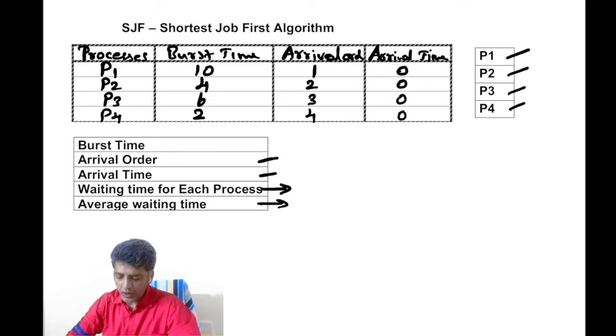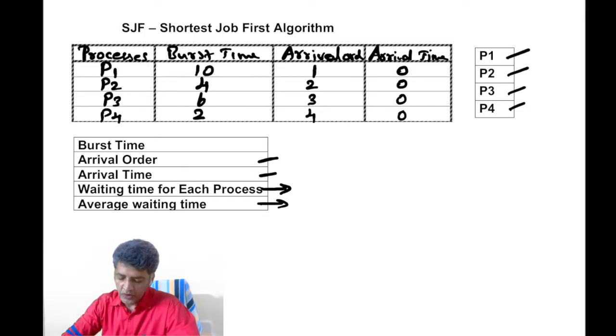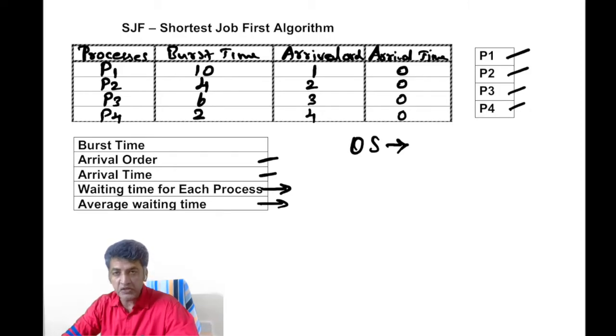Now after submitting these processes to the operating system, what will the operating system do if it has shortest job first as its scheduling algorithm? After submission of all these processes, the operating system will do a sorting operation based on the burst time.